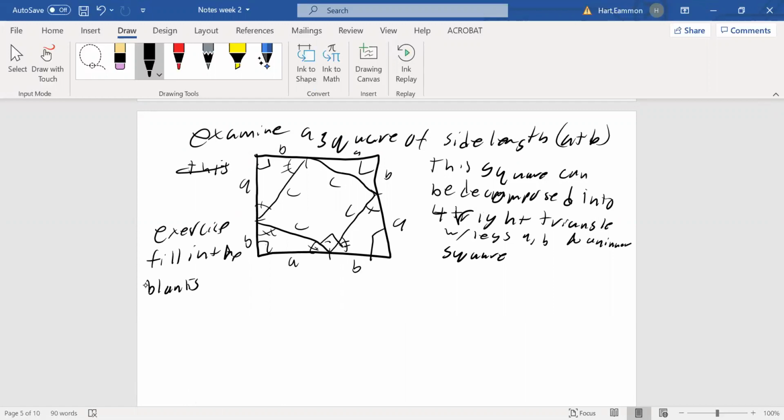So this is an inner square. Cool. So now we want to find the area of the big square.